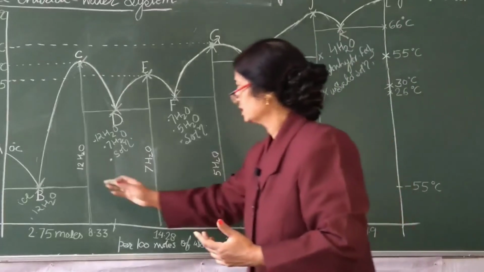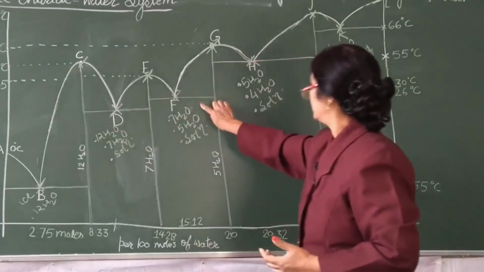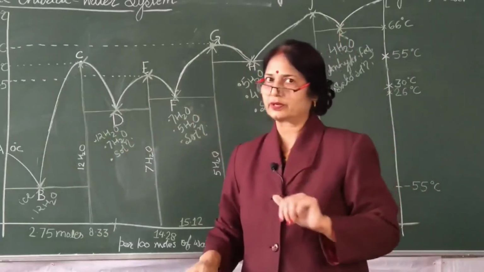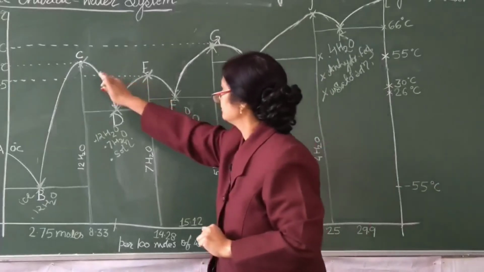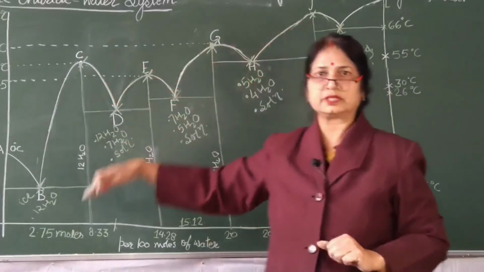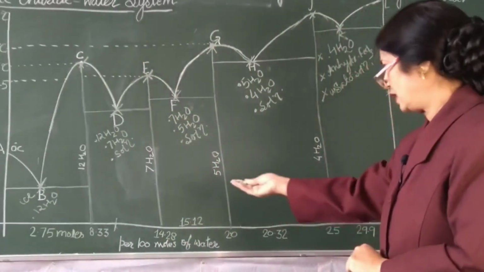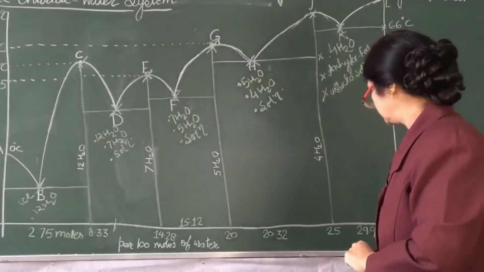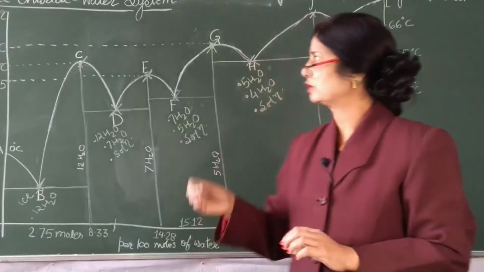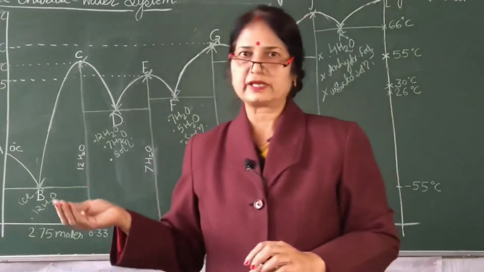It has 5 eutectic points represented by B, D, F, H and K, and there are 4 congruent melting points represented by C, E, G and J. You can all note down the temperatures and the molar compositions of ferric chloride. I have written all the compositions and the temperatures of the eutectic as well as the congruent points. You can note them down, and that's all for this ferric chloride water system.